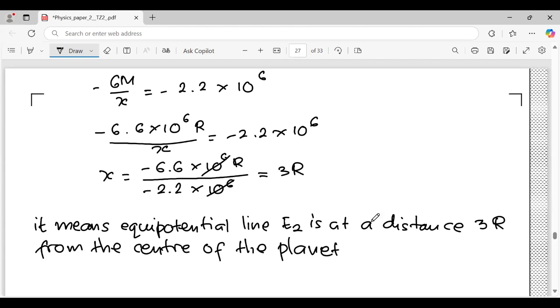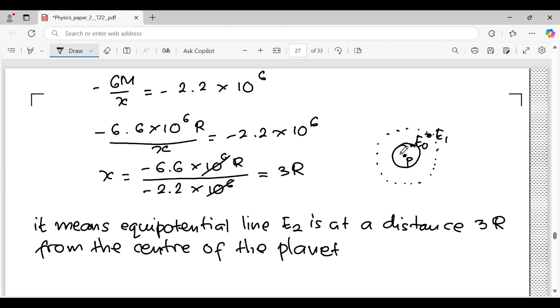Okay. So this is a planet with the center P, and this is E0. The distance from P to E0 is R, and there is E1 here.